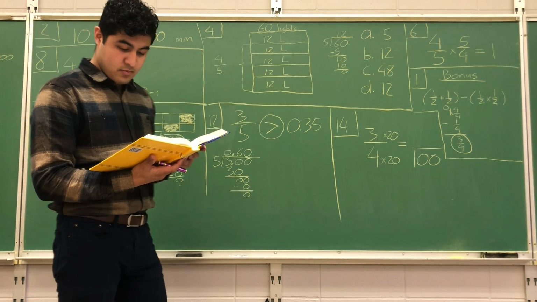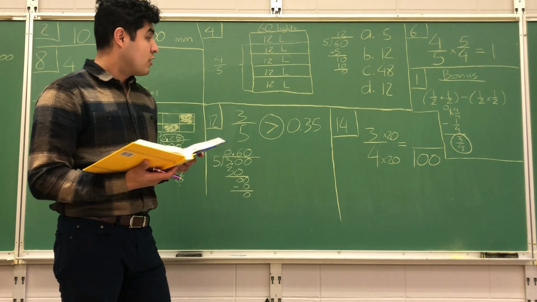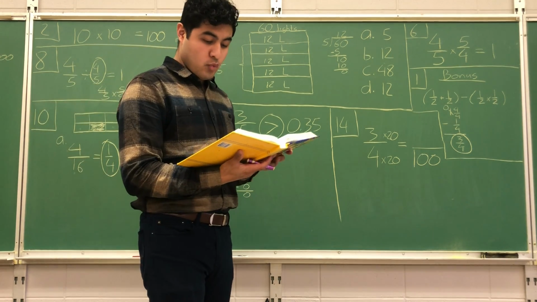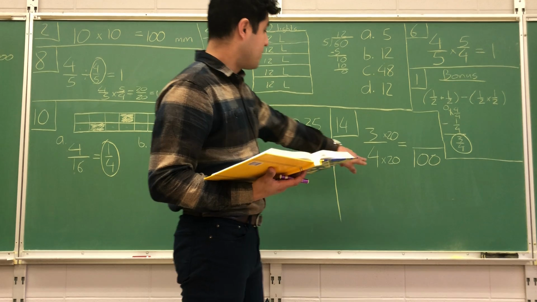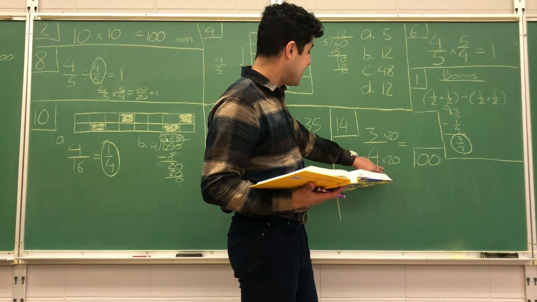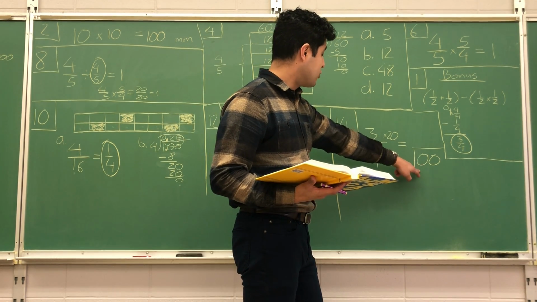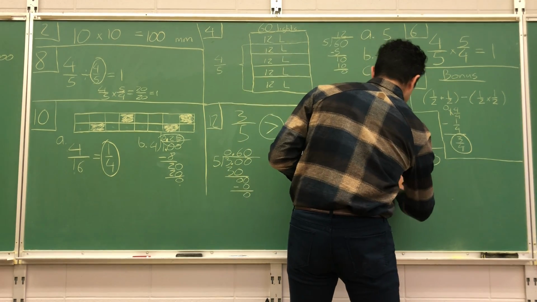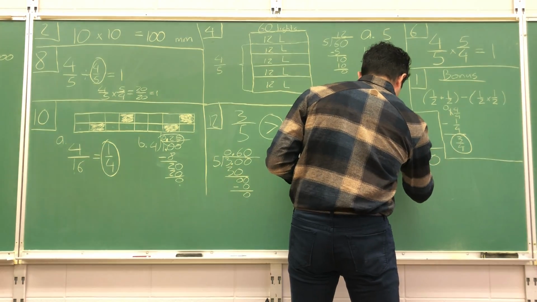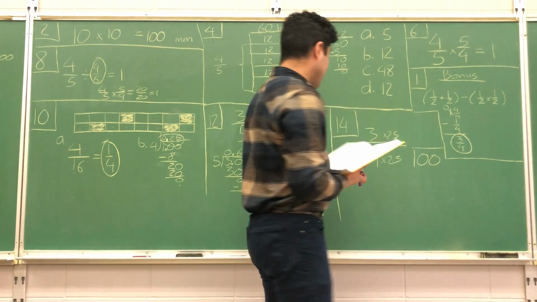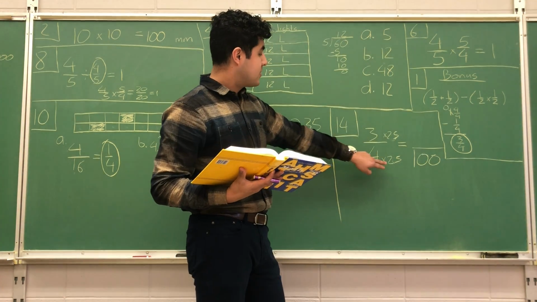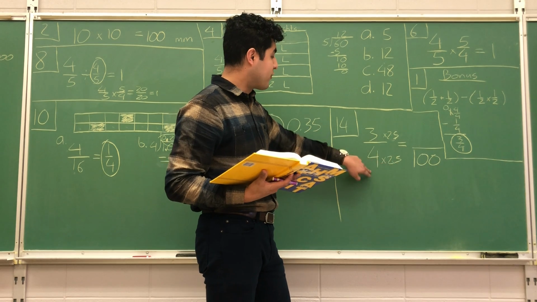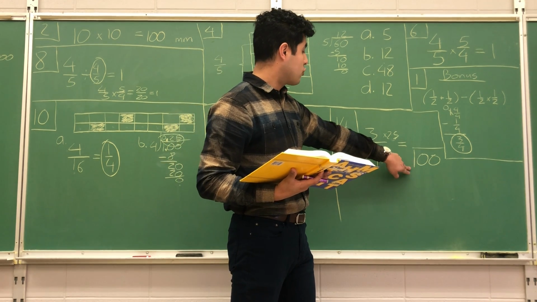And then, okay, we're at our last one. So we have 3/4 equals what over 100? So what do I need to multiply 4 by to get 100? Okay, oh, I did that wrong. That's right. All right, 4 times, I had 20, but it's 25. 4 times 25 equals 100, okay?